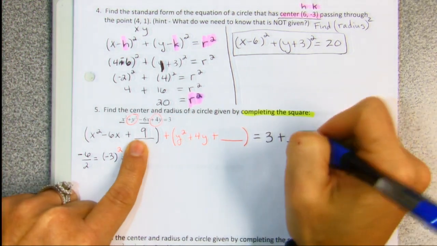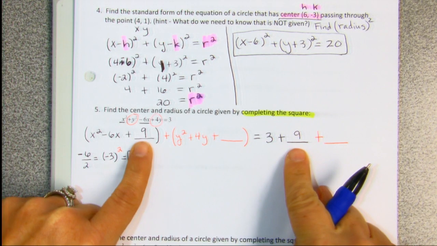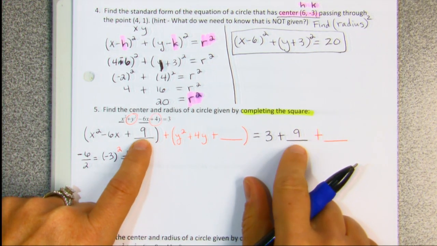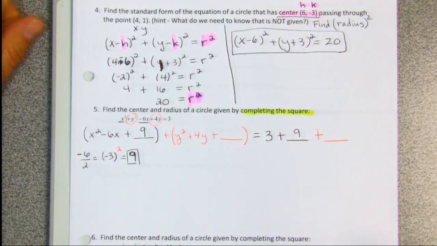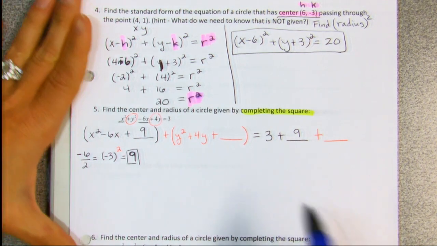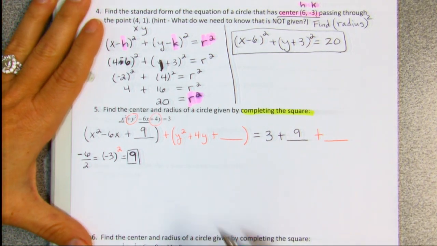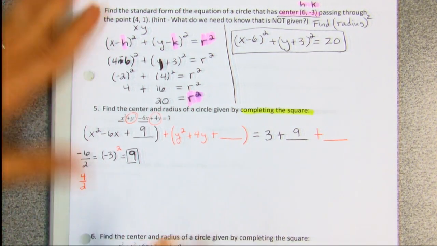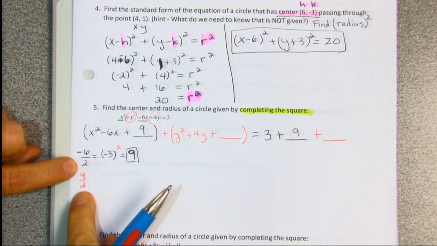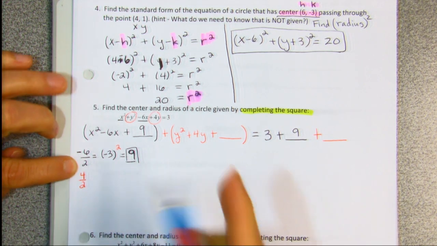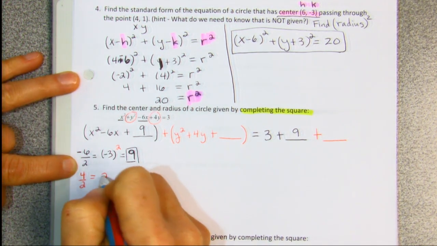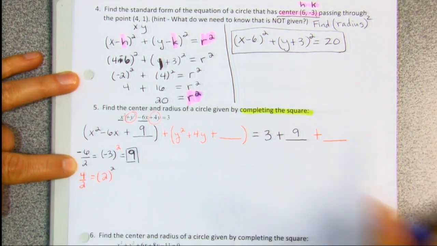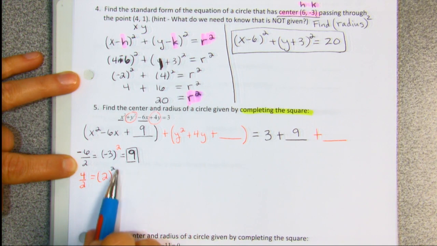So if I add that here, I have to add it also over here. Remember, your equal sign has to be equivalent. So if you change the left side, you have to change the right-hand side. The one in red, I'll do it in red. So 4 is the number we're looking at, and we divide it by 2. You're always dividing by 2. Look at that pattern. That's the number 2. And then I square it. Take that number and I square it. Same step.